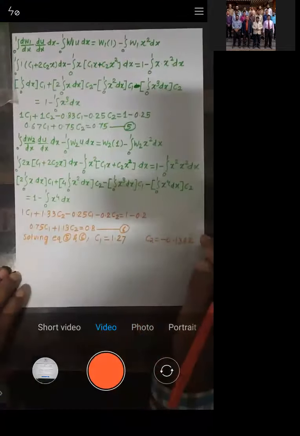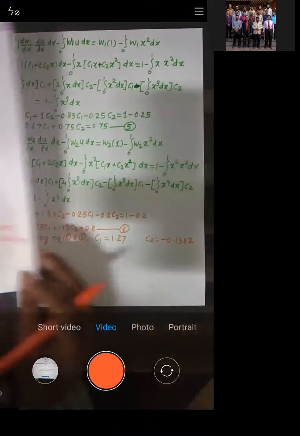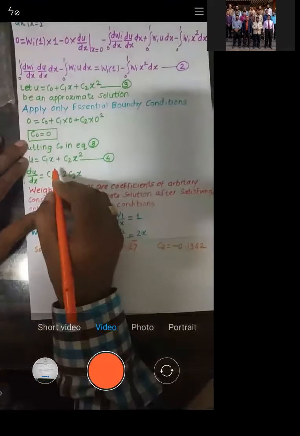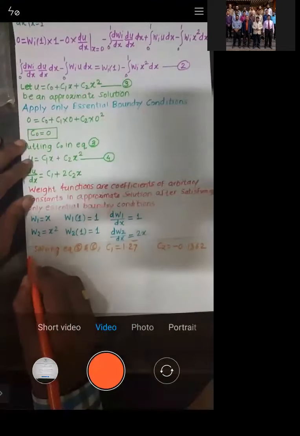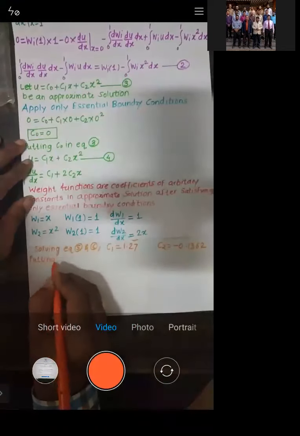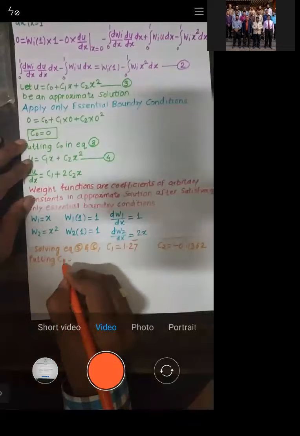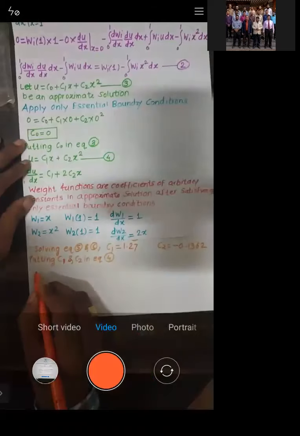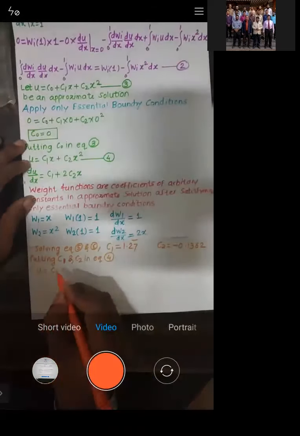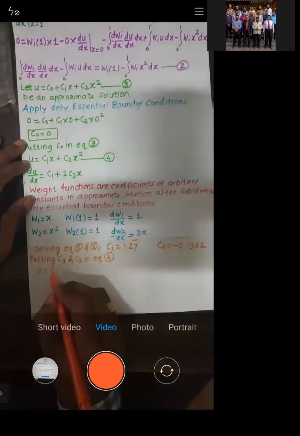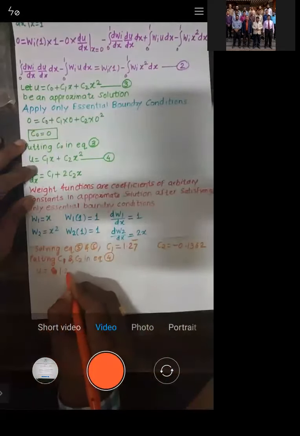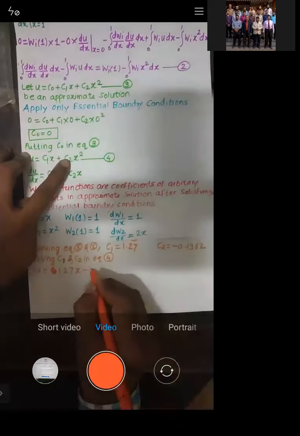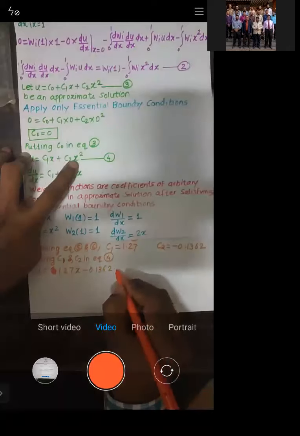So these are the values of C1 and C2 that we got. Now why have we calculated the values of C1 and C2? The purpose is to put them in equation number 4. So putting C0, C1 and C2 in equation 4, let's see what value of U we get. The value of U is 1.27x minus 0.1362 x square.